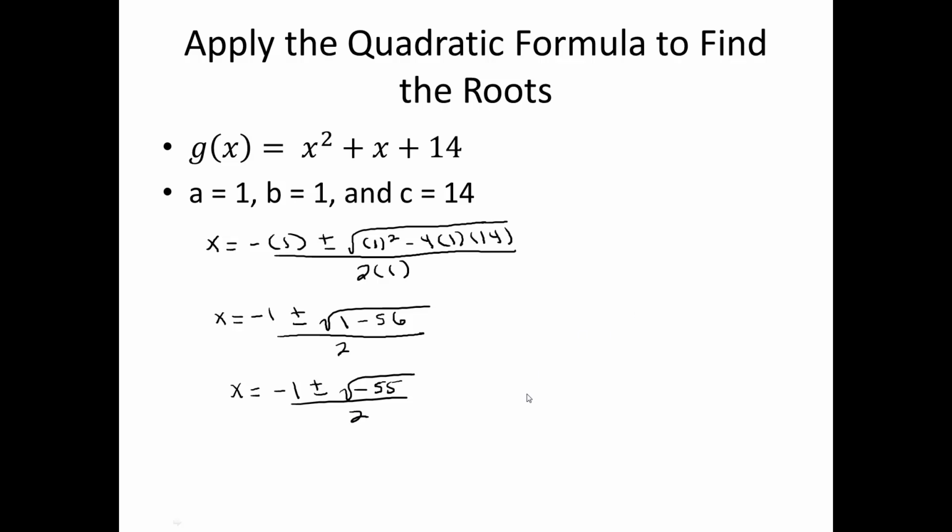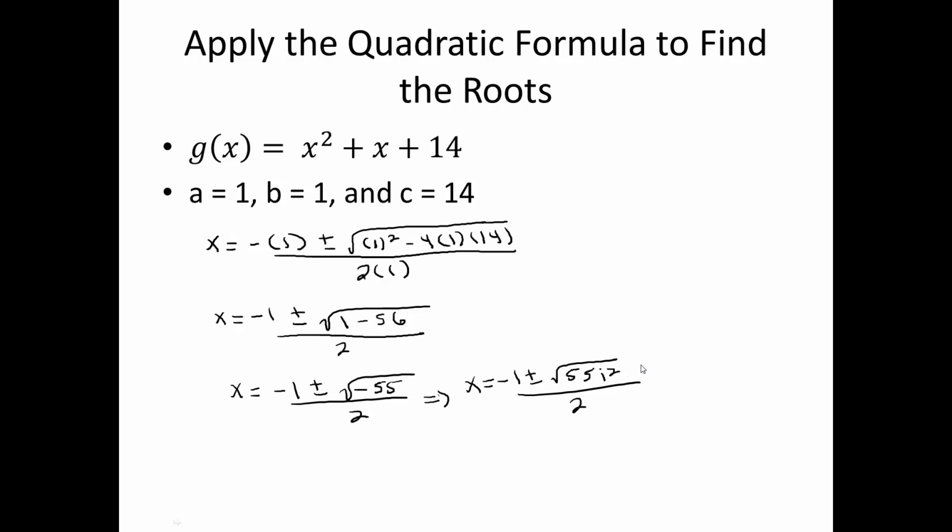Now, in one of our earlier concepts, we learned something about negative 1 and i squared. This is where that would come into play. When you have a negative number underneath the square root symbol, you can change that negative into i squared. So I can rewrite this as x equals negative 1 plus or minus the square root of 55 i squared.